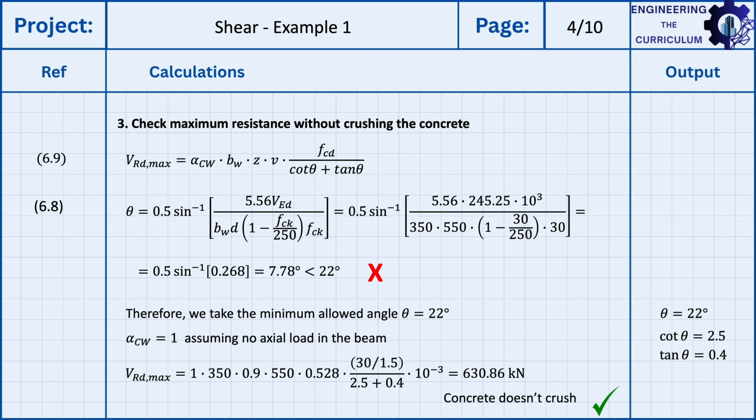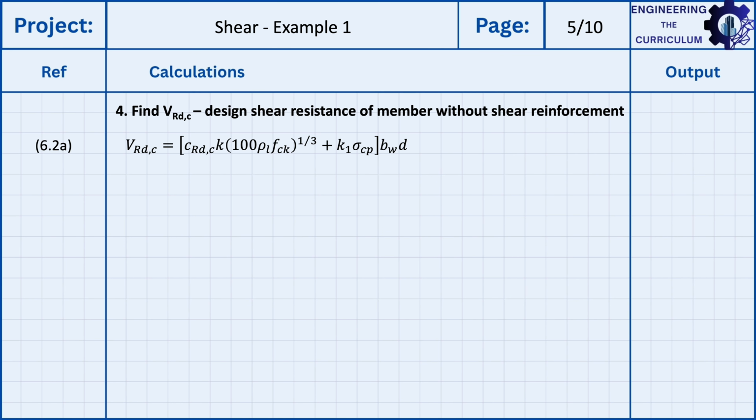All that multiplied by 10 to the minus 3 in order to get kilonewtons, and I get that VRD max is 630.86 kilonewtons. And that means that I am not in danger of the concrete crushing because the maximum shear that I have is 245.25.